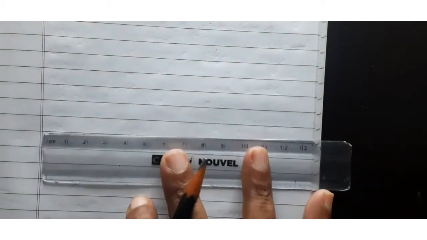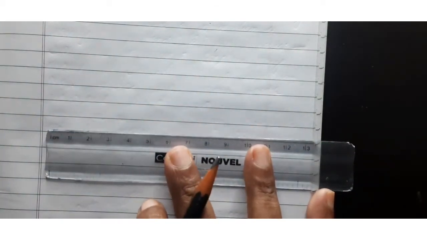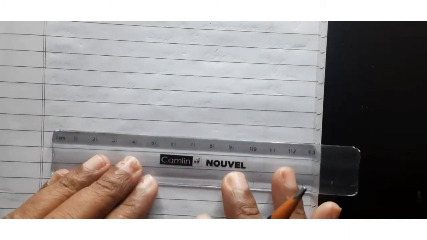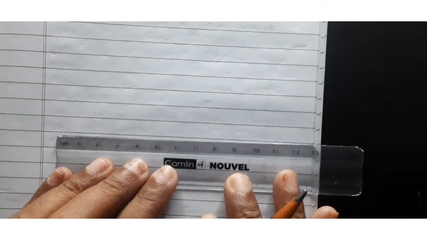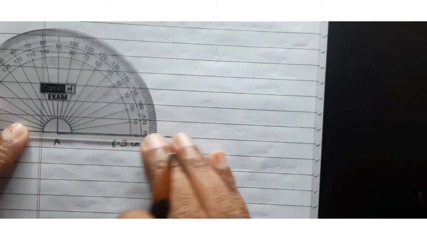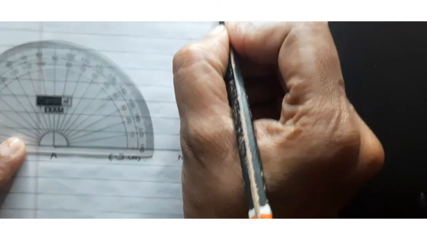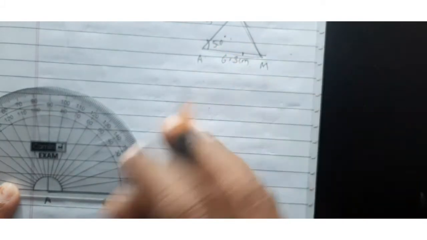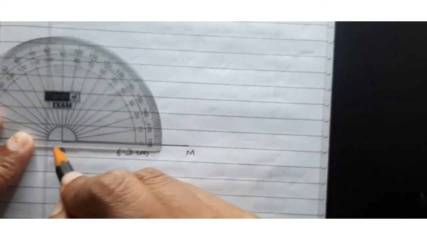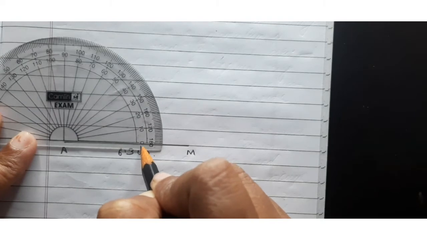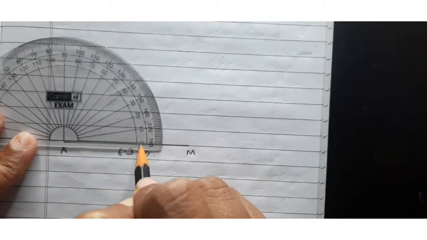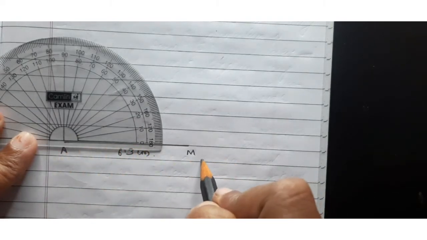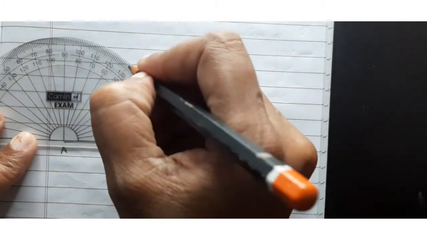So very first thing, with the help of the scale and pencil, I'll be drawing 6.3 over here. So after A, I'll be plotting angle 50 degree over here. Okay, so 50 degree. Which scale will I be taking? Inner scale I'll be taking, because this inner scale 0 is coinciding with AM. Okay, so here it is 50.